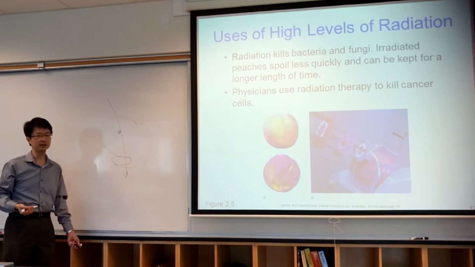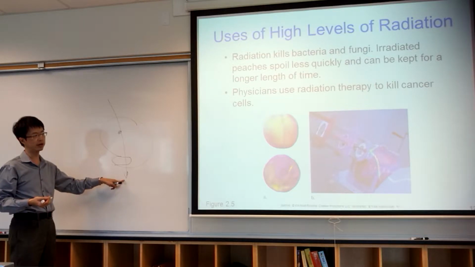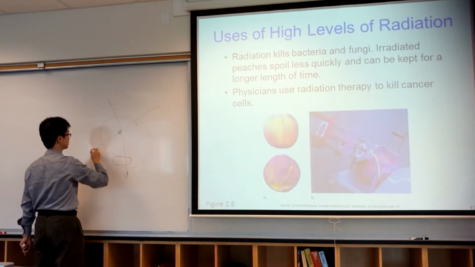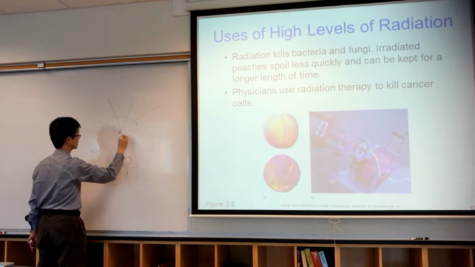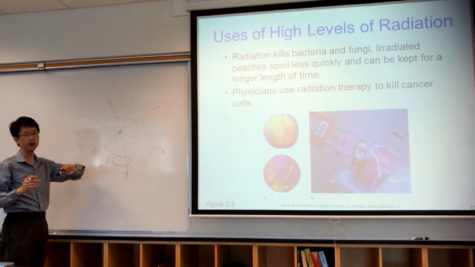So what the doctors figured out is that we can tune down the power of this radiation, but we shoot multiple radiation beams at the same time, so that each of these beams is weak.